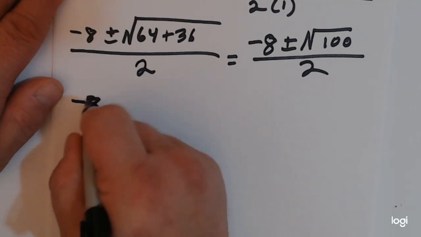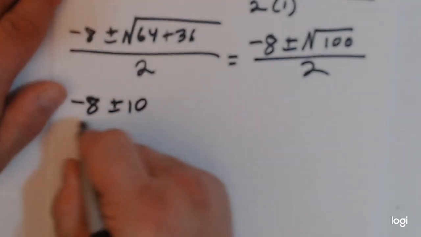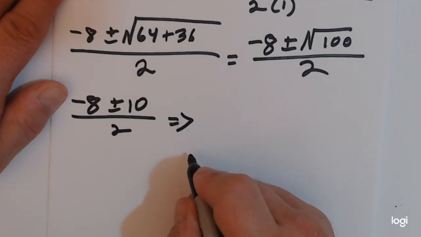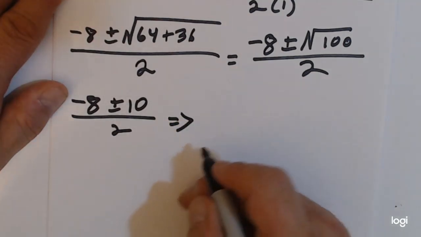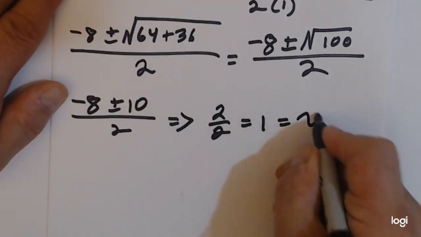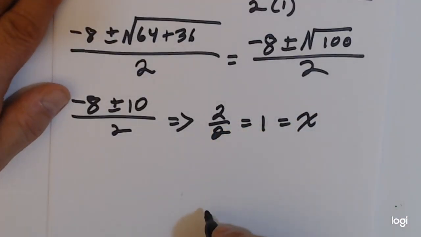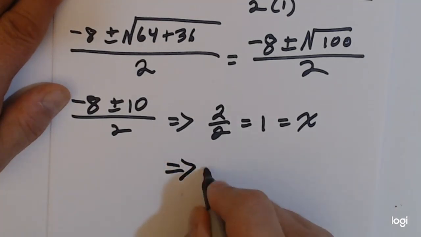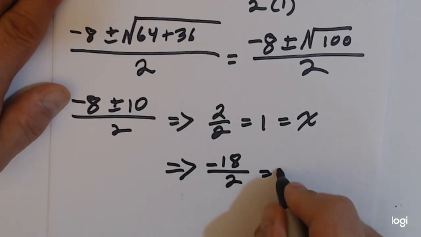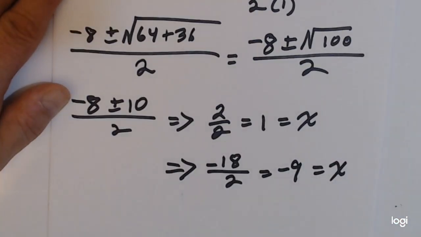So we've got negative 8 plus or minus 10 over 2. So we're going to have, well, let's see, negative 8 plus 10 is 2 over 2, which is equal to 1. And negative 8 minus 10 is negative 18 over 2, which is negative 9.